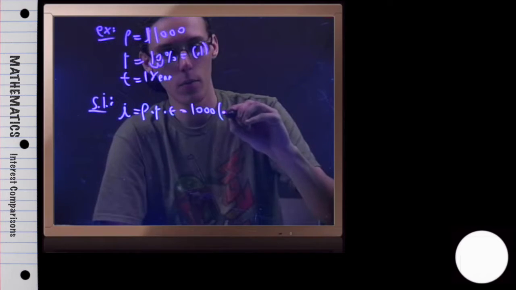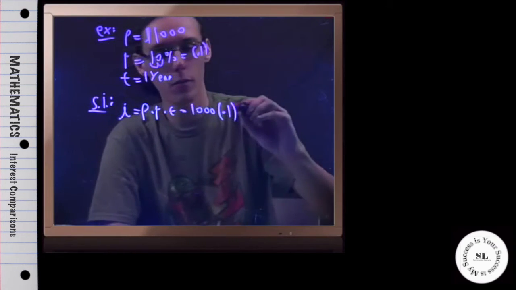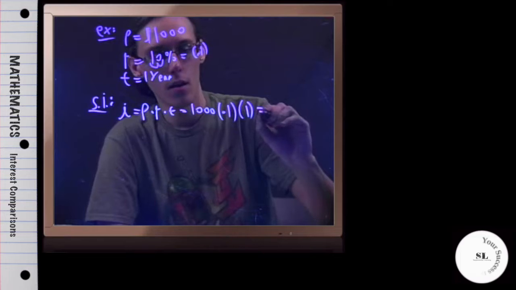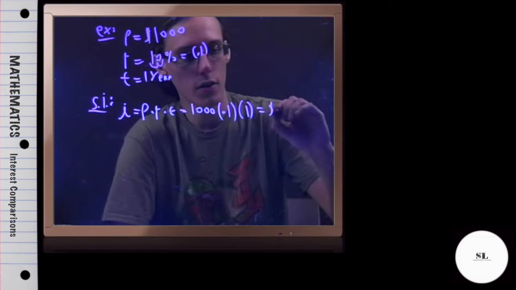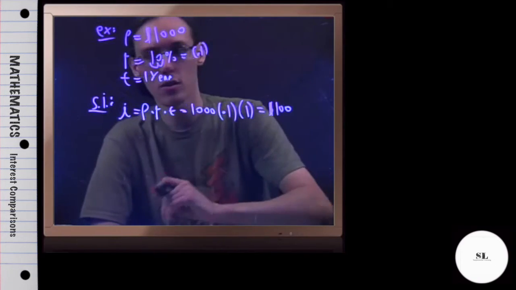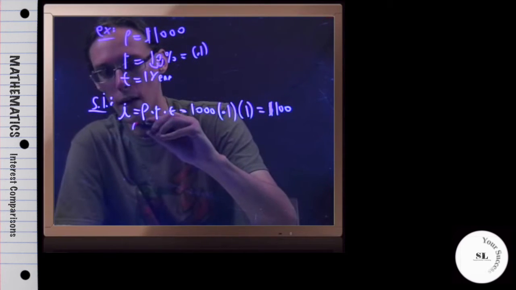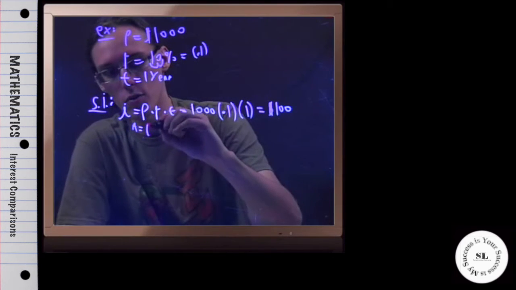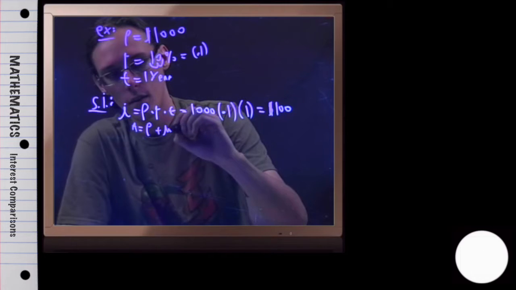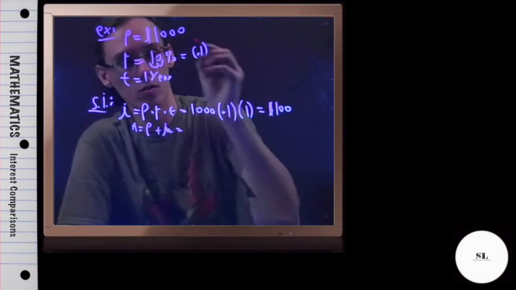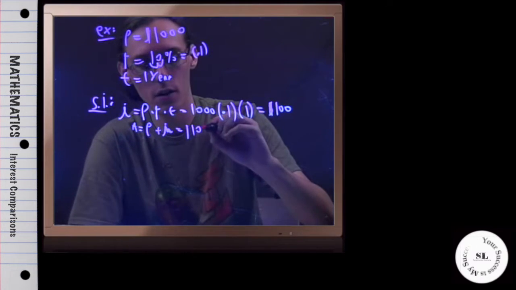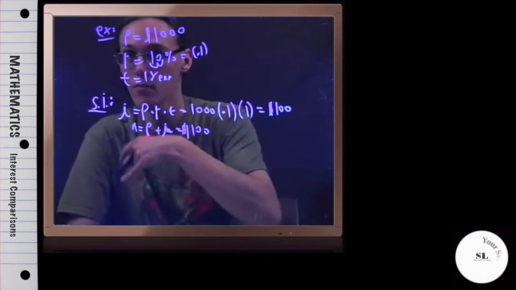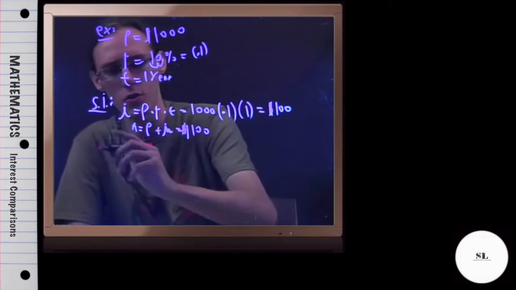Times the time, which is just 1. If you do this, you should get $100 as the amount of interest. So the actual amount in your account would be what you started with plus the interest, or in other words, $1,100. Okay, cool. So what about compound interest?